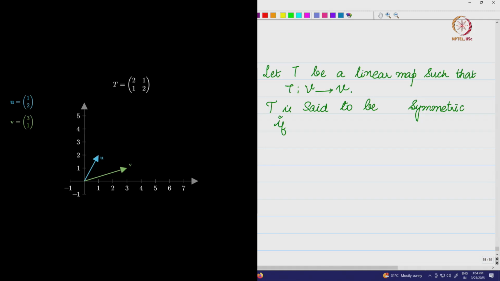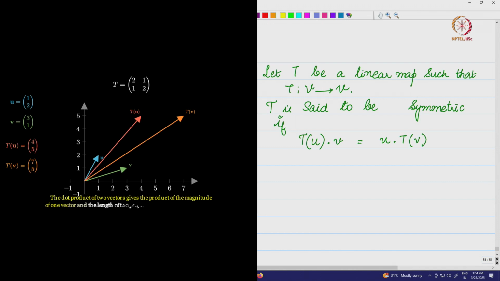If the dot product of the transformation on a vector u with a vector v is the same as the dot product of the vector u with the transformation on the vector v, then T is a symmetric transformation.